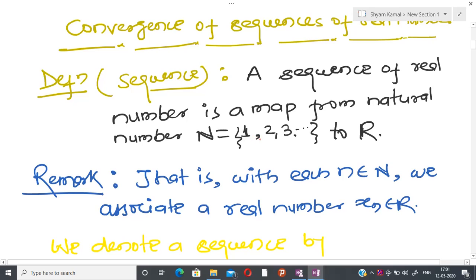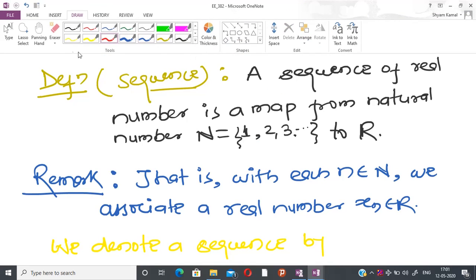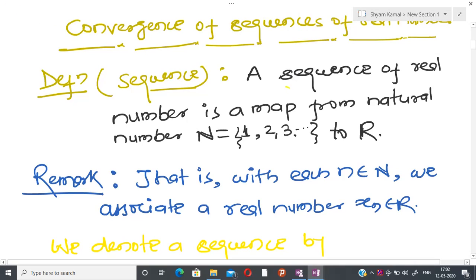That map is called a sequence. Either you can call this a map or a function, that doesn't matter. So this is a map from the natural numbers to R.